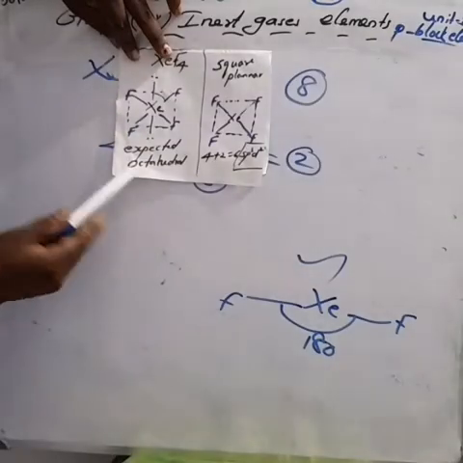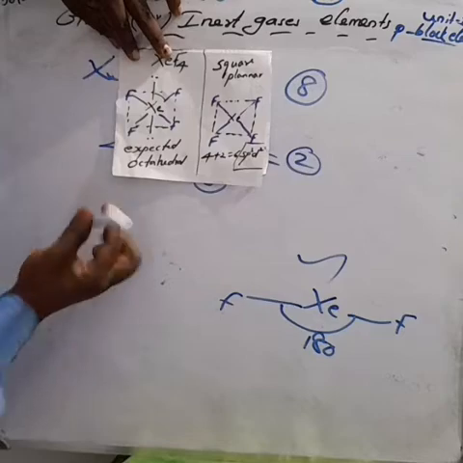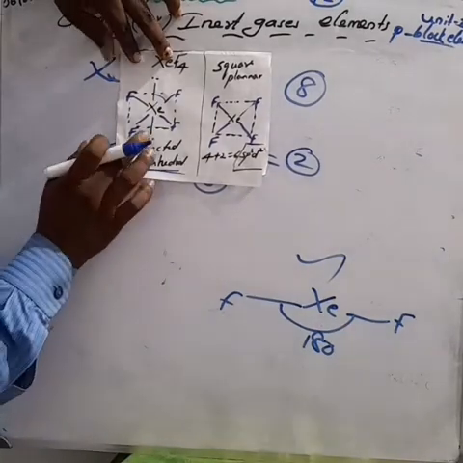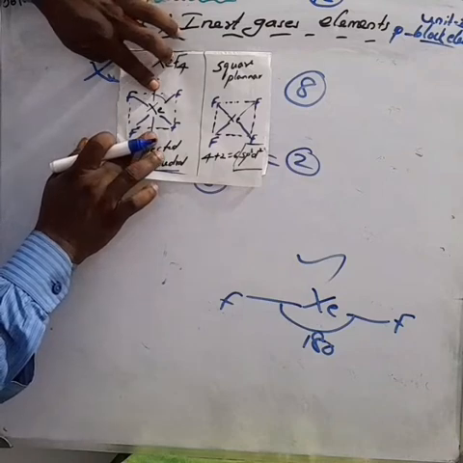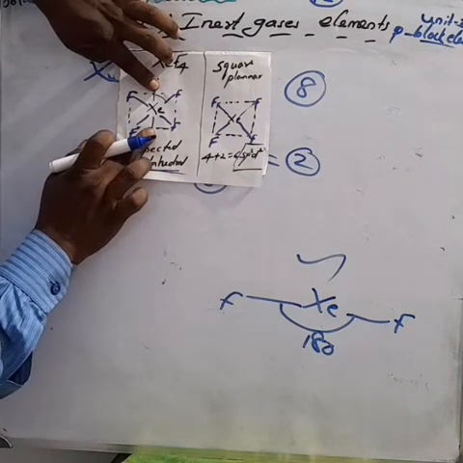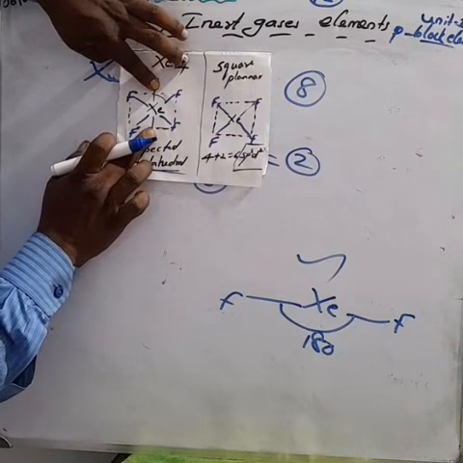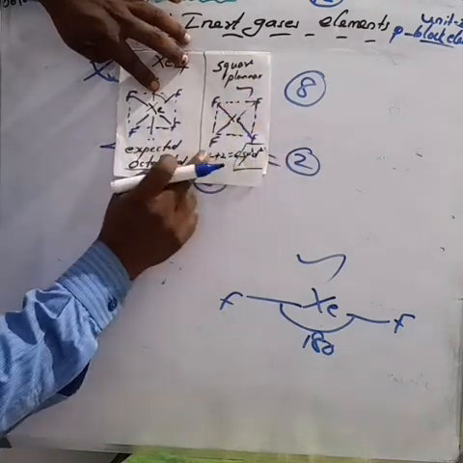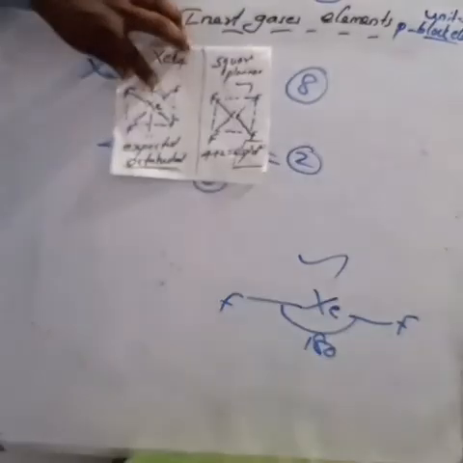If you consider the lone pairs, the shape is octahedral. Suppose we do not consider these 2 lone pairs as per the valence shell electron pair repulsion theory, then it is square planar.